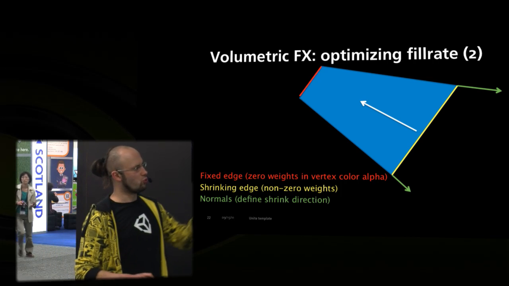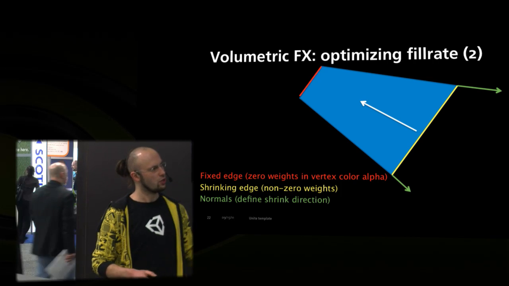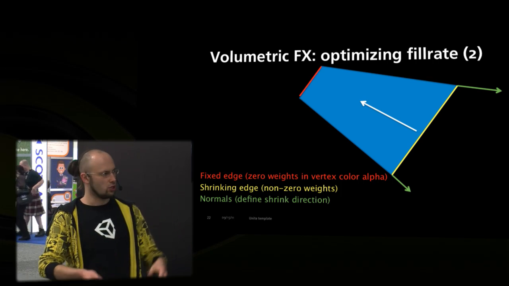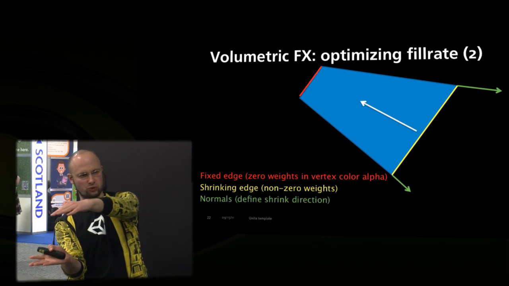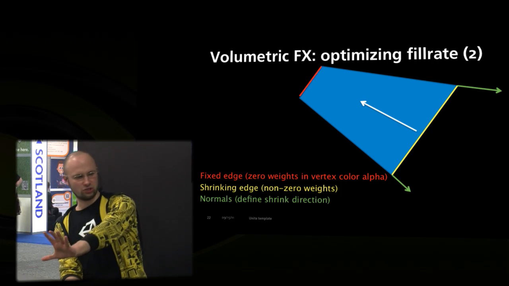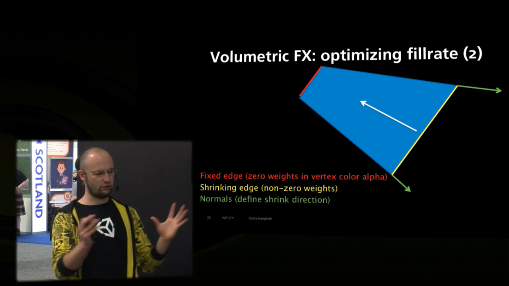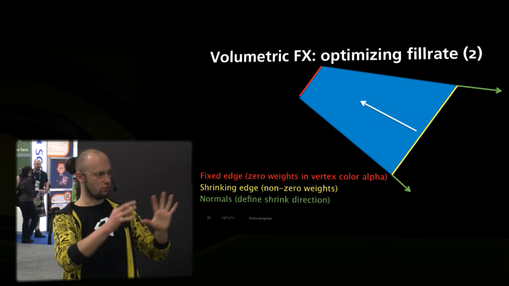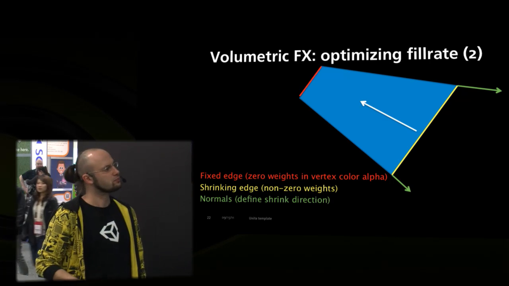The artists put normals on all that volumetric geometry, which tell in what direction to pull it back. So if you have a light shaft pouring from the side, the normals on that geometry will tell you that when you're coming closer, the geometry needs to shrink towards the light. And if it's some sort of light bulb casting light in both directions, then it will shrink this way.